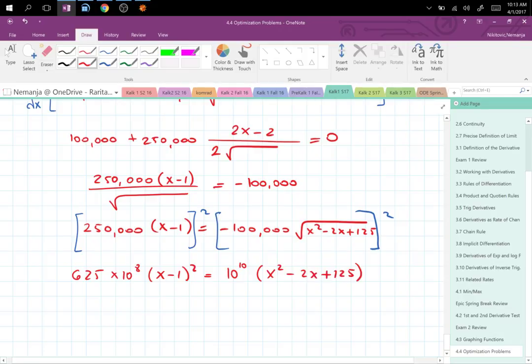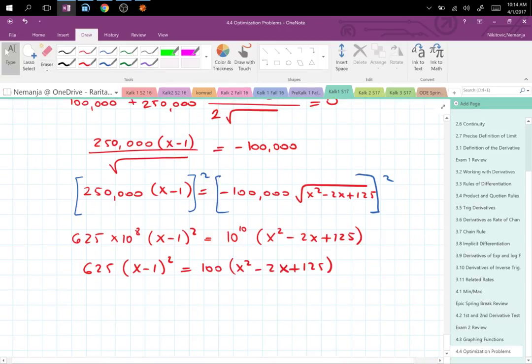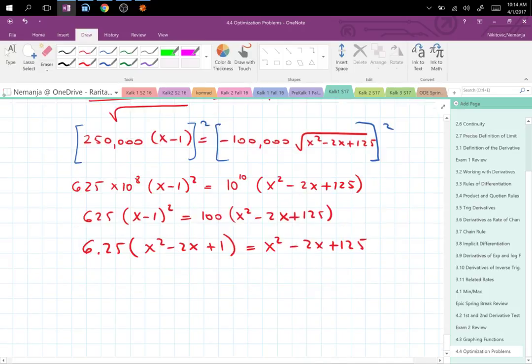Now look, divide both sides by 10 to the 8. It becomes 625 times x minus 1 squared is equal to 100 times x squared minus 2x plus 125. Divide into 6.25 times x squared minus 2x plus 1 equals x squared minus 2x plus 125. This is just annoying calculations, but we do it.